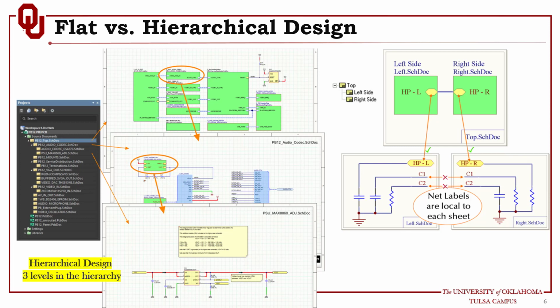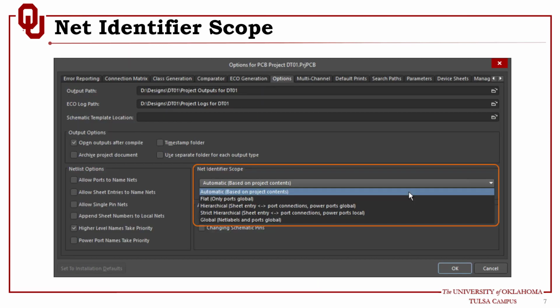So for net identifier scope, when you change it to global, you are telling the design that if you are using ports, off-sheet connectors, or net labels, it's okay to connect them together even if they are on different schematic sheets or on totally different levels. So let's talk about net identifier scope.